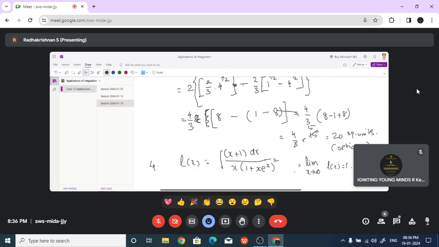These two are given. One is this, second is this. And we are asked to find out what is L of 1.